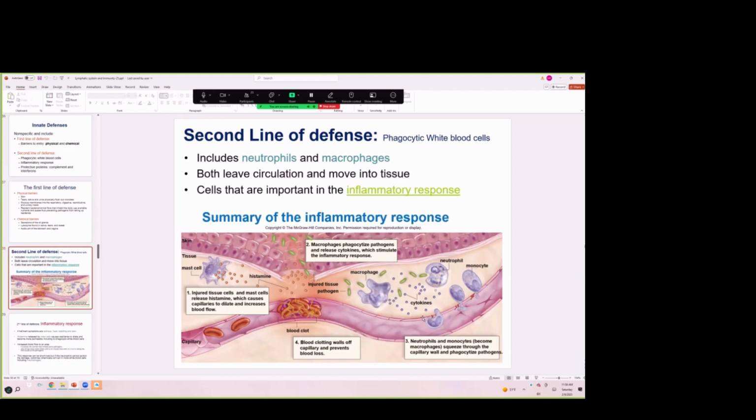And when these blood vessels open up, they become much more permeable, which allows these white blood cells to come out. When they come out, they are going for what? Looking for all of these things that are foreign to be able to destroy them.